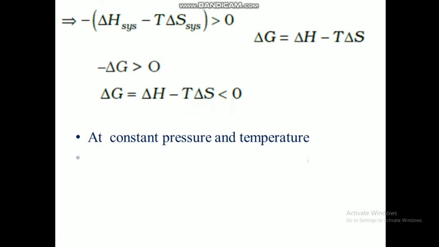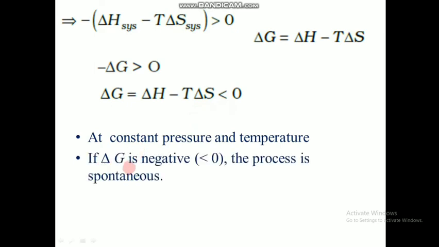So at constant temperature and pressure, if delta G is negative, then the process is spontaneous. That's what we found out from this much of equations. So finally we got, for a spontaneous process, delta G is less than 0. So hence, if delta G is negative, then we can tell the process is spontaneous.